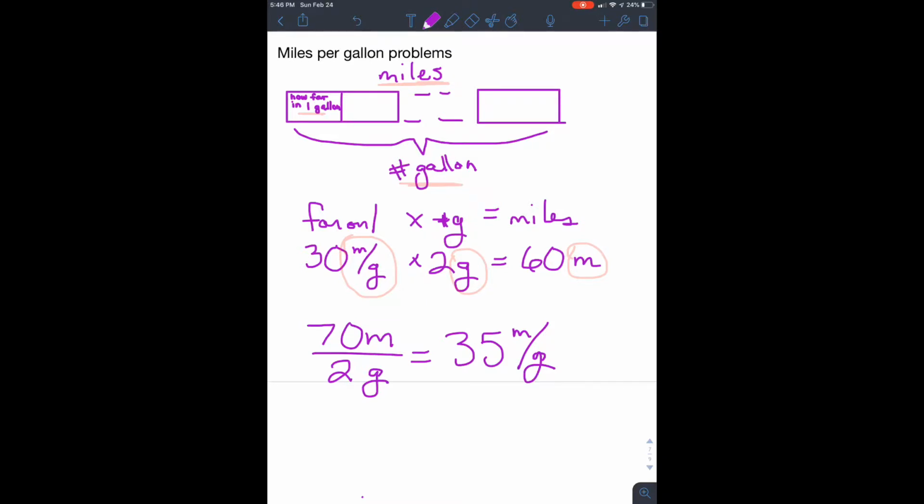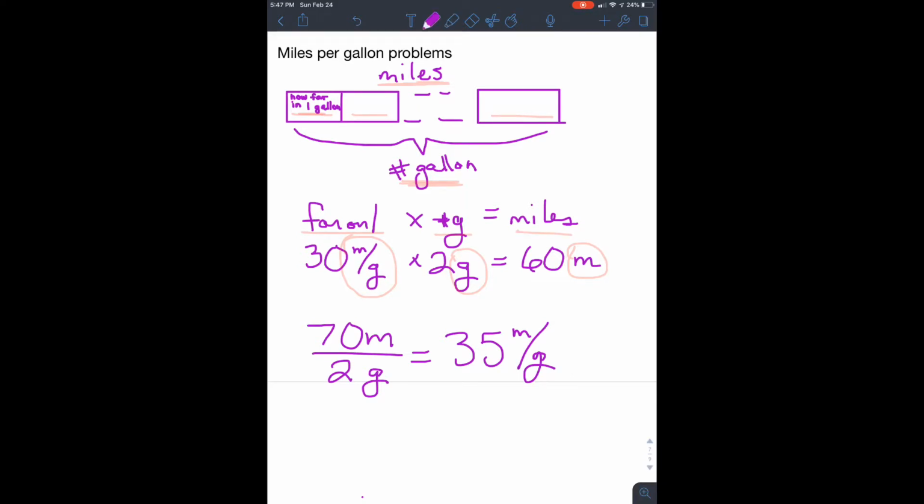So if we look back up here, we can think through this again. So I have how far I went on 1 gallon in each of my boxes. I have times my number of gallons to equal my miles. That's what I did right here. How far on 1 gallon times my gallons equals my miles.